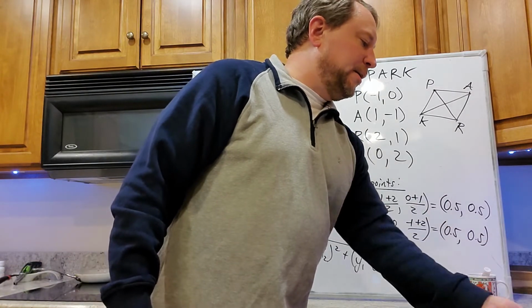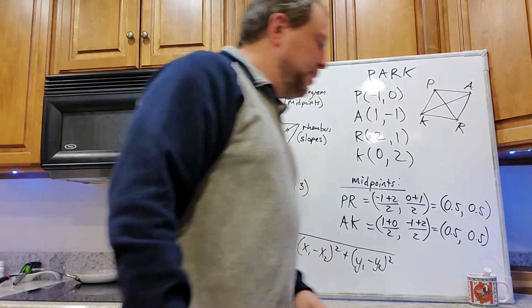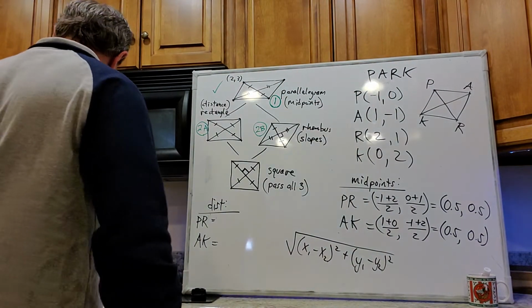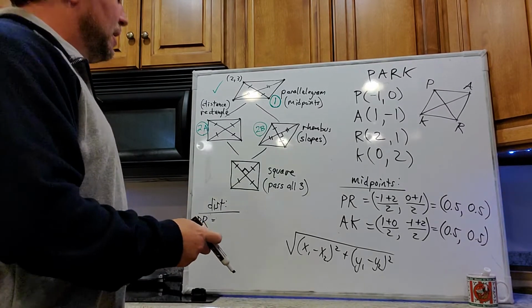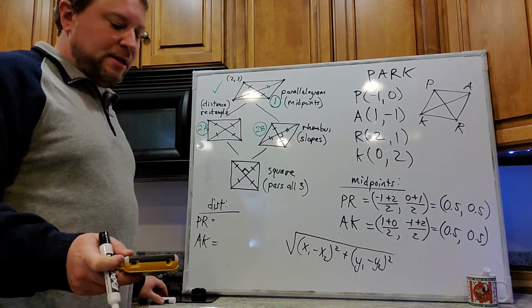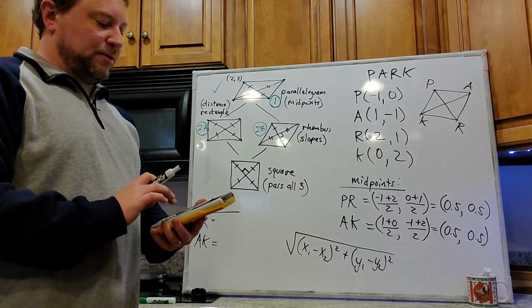Okay, so on this one here, let's see if I can do this. Let me grab my calculator. Okay, if you have your distance program on your calculator, that always speeds things up. So, why do things the hard way here?